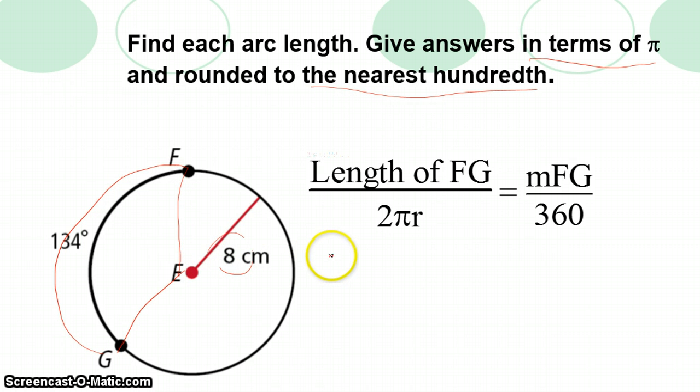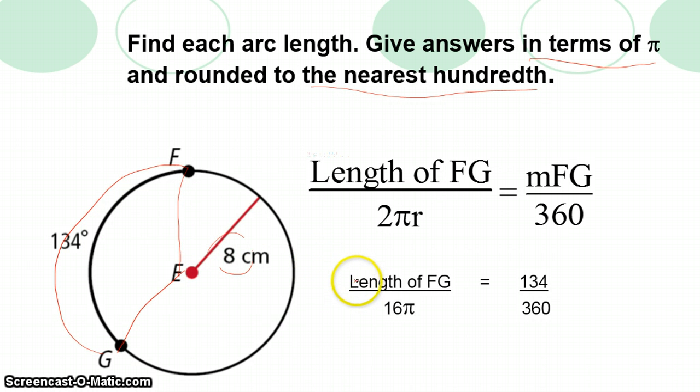So we're going to set this up. The length will still be the unknown. Your radius of 8 times the 2 for the 16 times pi is equal to our measure of 134 degrees over the total of 360.